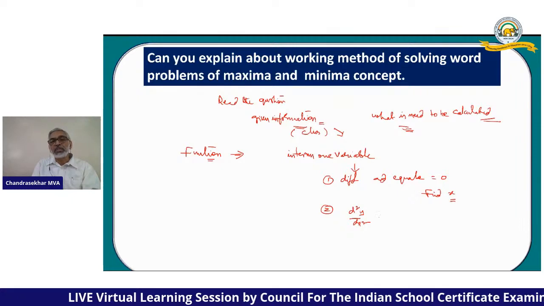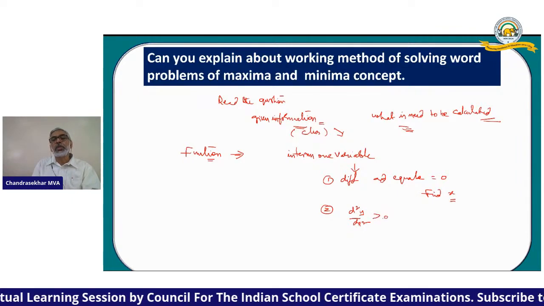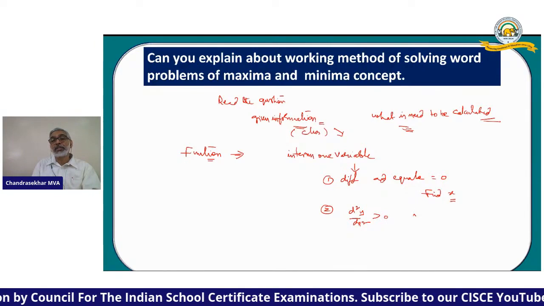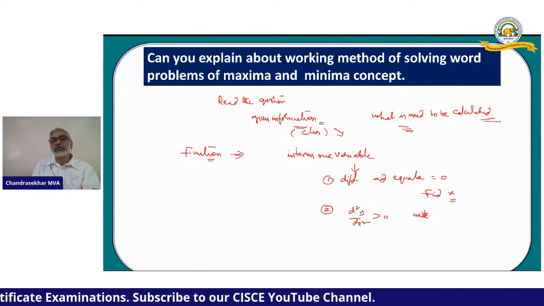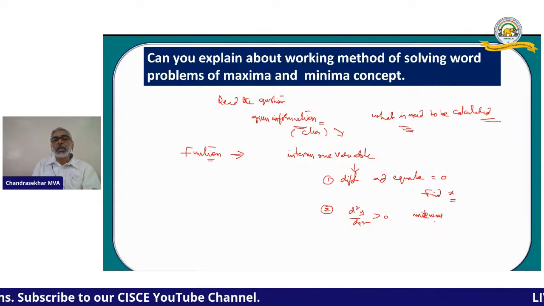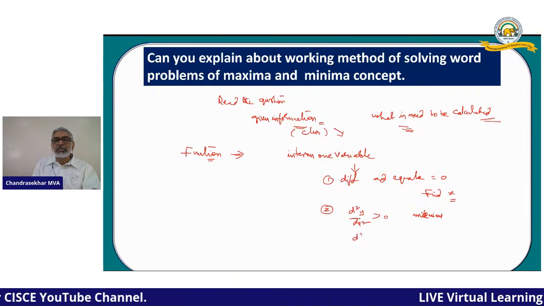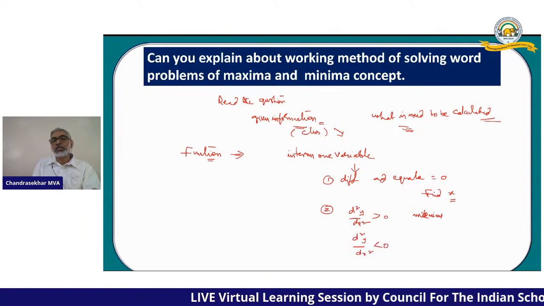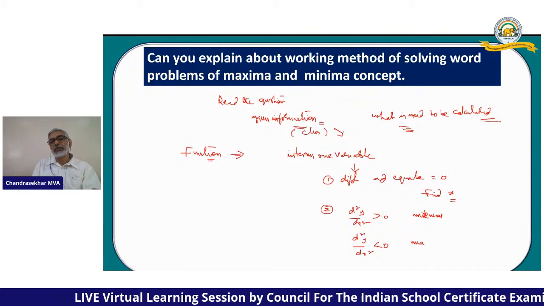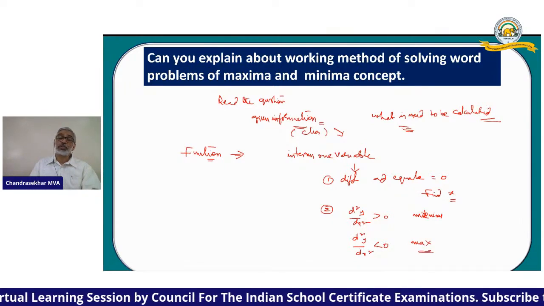If the second derivative is positive at a particular value of x, the function attains a minimum. If the second derivative is less than 0, the function attains a maximum. This is the process to be followed.